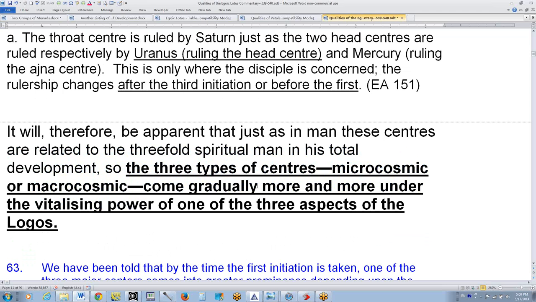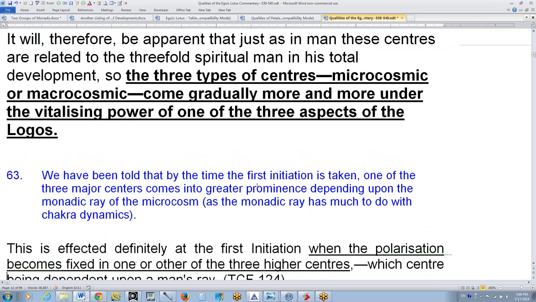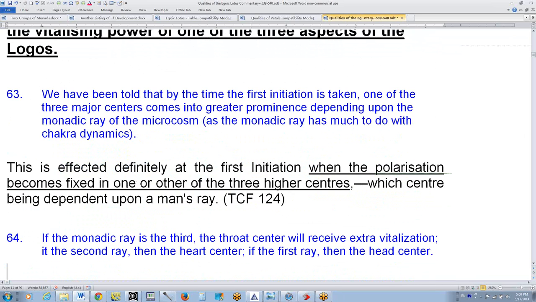So here are some other statements. This is effected definitely at the first initiation when the polarization becomes fixed in one or other of the three higher centers, which center being dependent upon a man's ray, and that's just what I was saying. And of course, look at how the Tibetan blinds this.